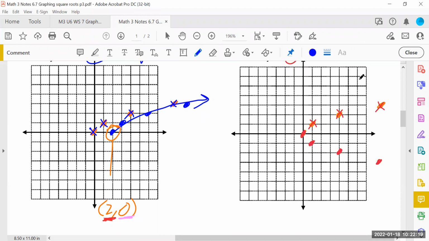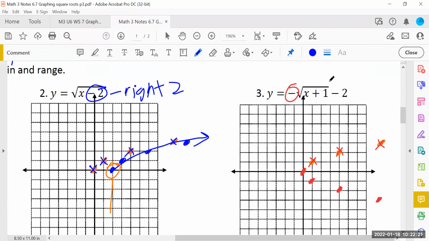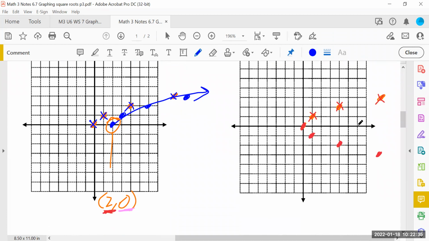So this one, we're going to shift left 1, down 2. So each point, left 1, down 2. Cross off the point we just did.